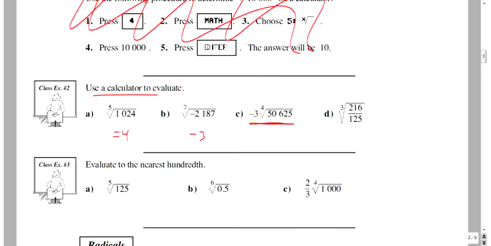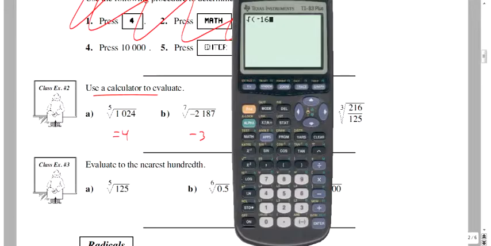Okay, how good's your calculator? Does it do BEDMAS for you? Or do you have to do the radical part first, equal, then multiply it by 3, and you know your answer is going to be negative, so why even worry about that negative? That's minus 3 times whatever this is.